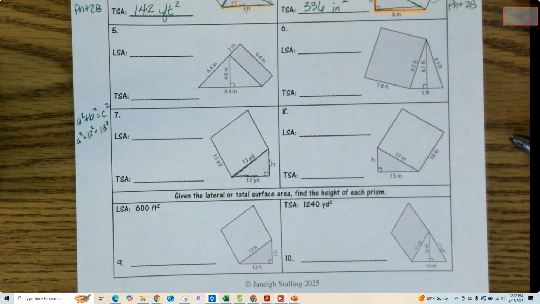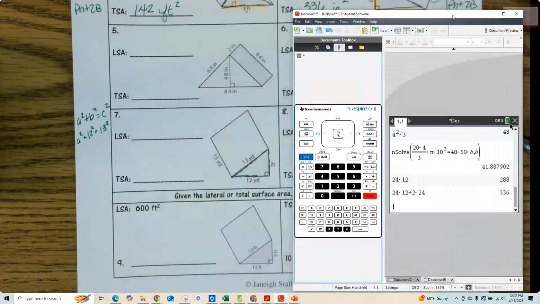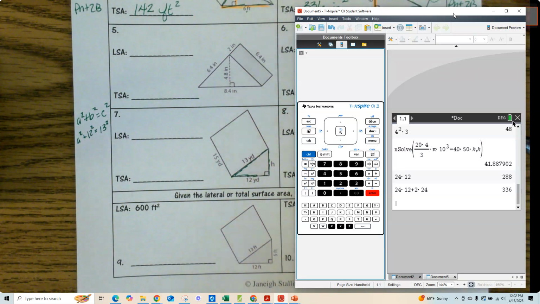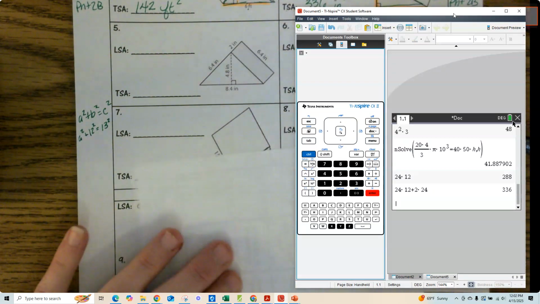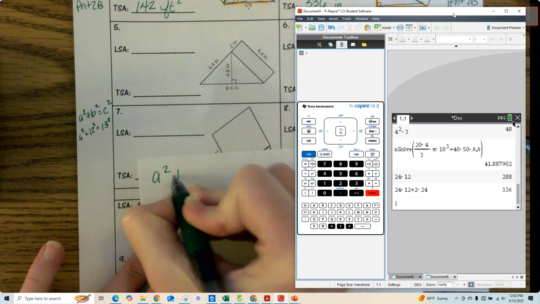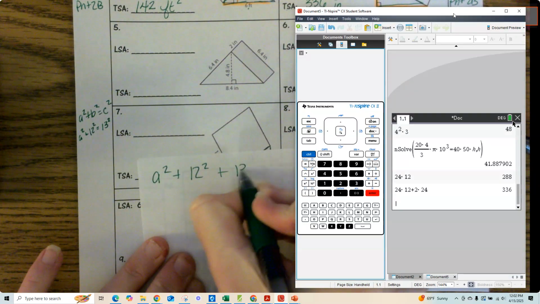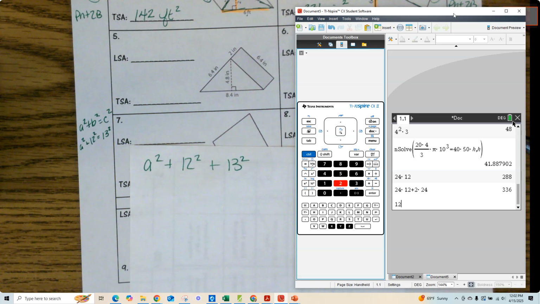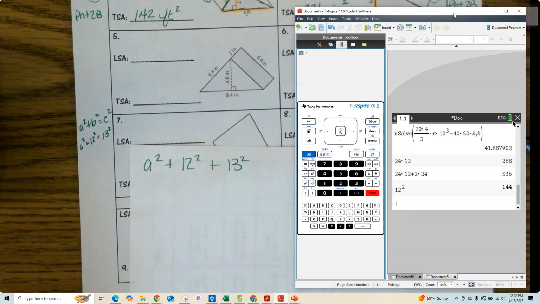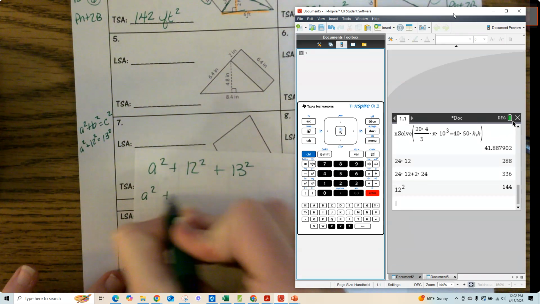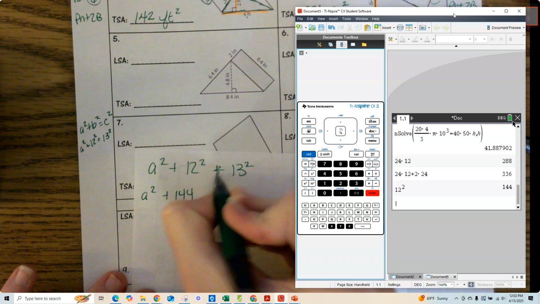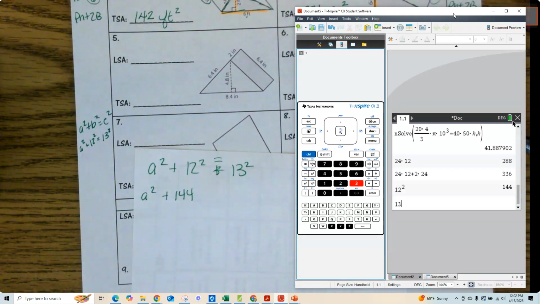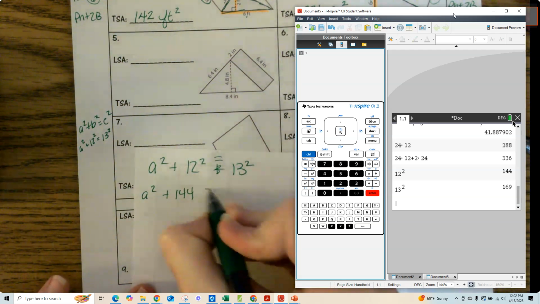So again, sorry that's kind of tiny in there. All right, so when we're working this, I'll write it bigger for you. A squared plus 12 squared equals 13 squared. Simplify your radicals first, or your exponents first. So I got A squared plus 144. That should be an equal sign. 13 squared is 169.